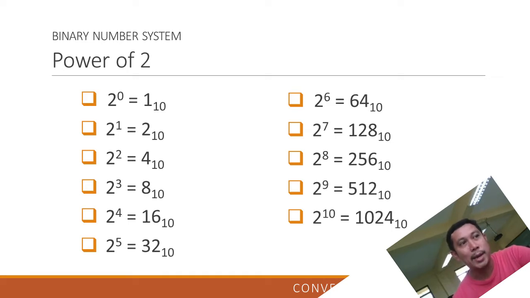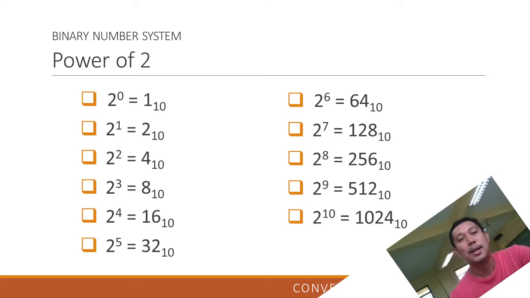Now the first one is 2 to the power of 0, which is the first bit of the system. Remember, we always start with 0. Now, 2 to the power of 0, that is the first bit of the binary number system, and the equivalent of that in the decimal number system is 1.